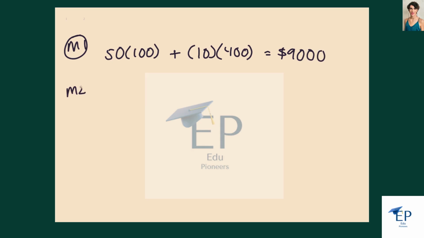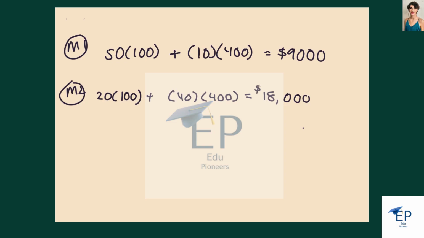When we talk about method 2, it will be equal to 20 times 100 plus 40 times 400, which is equal to $18,000. When we talk about method 3, that is equal to 10 units of labor times $100 for the wage plus 70 units of capital times $400 for rent, which is equal to $29,000.